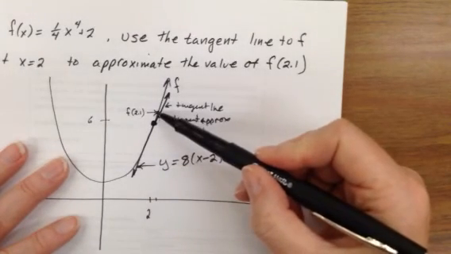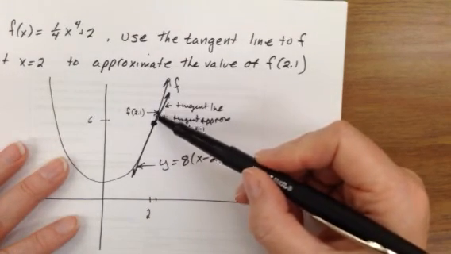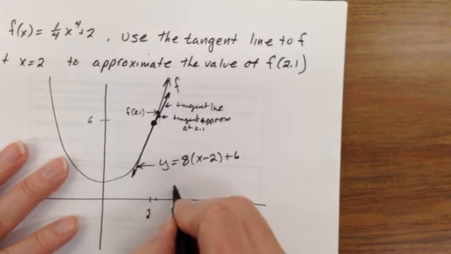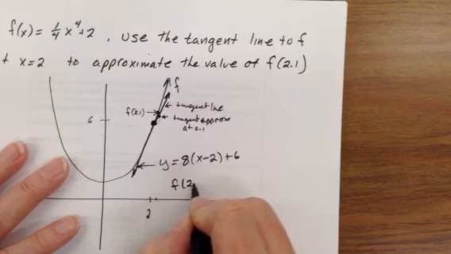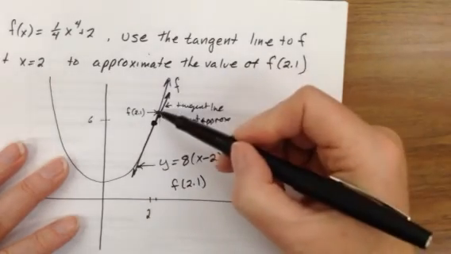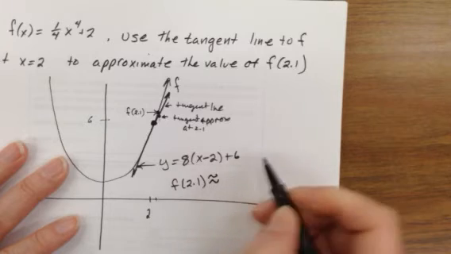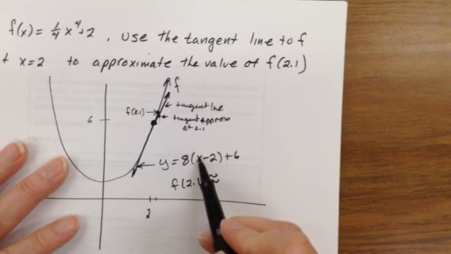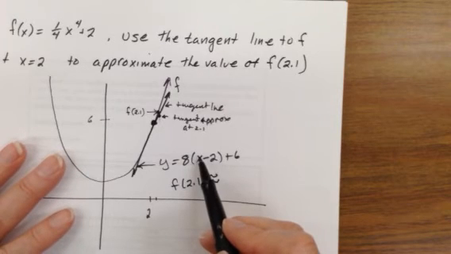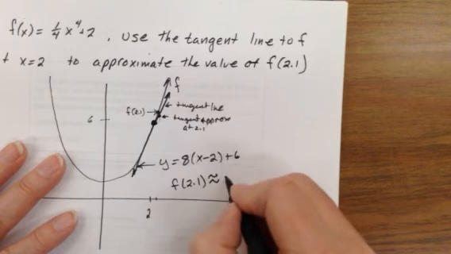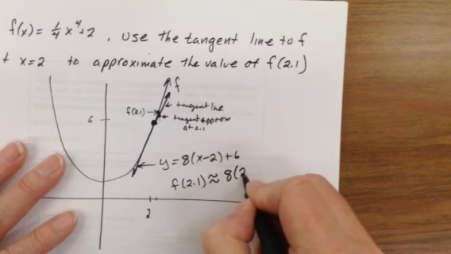We want to approximate the height of the function by using the height of the tangent line. In other words, f(2.1), the actual height on the function, can be approximated by putting 2.1 not into the function itself, that'd be exact, not approximate, but putting 2.1 into the equation of the tangent line.